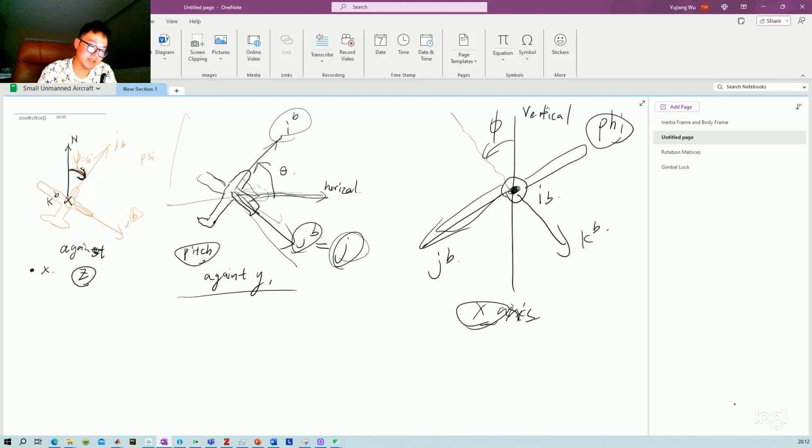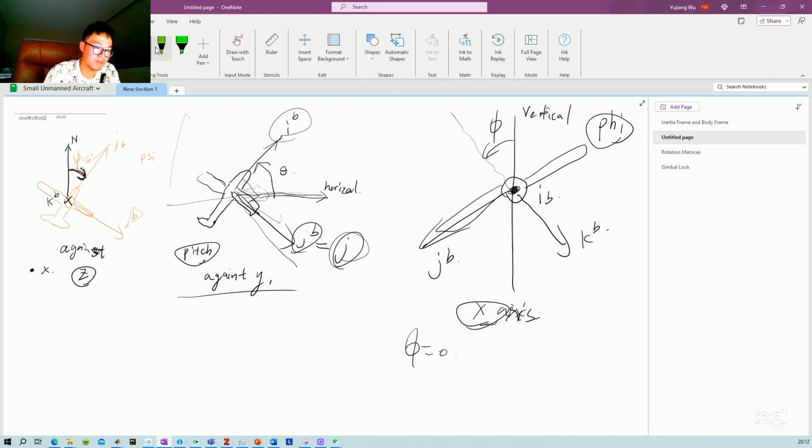When phi equals 0, you will see that the plane is flying horizontally like that. This is the initial position. But when phi is positive, it will rotate like that.